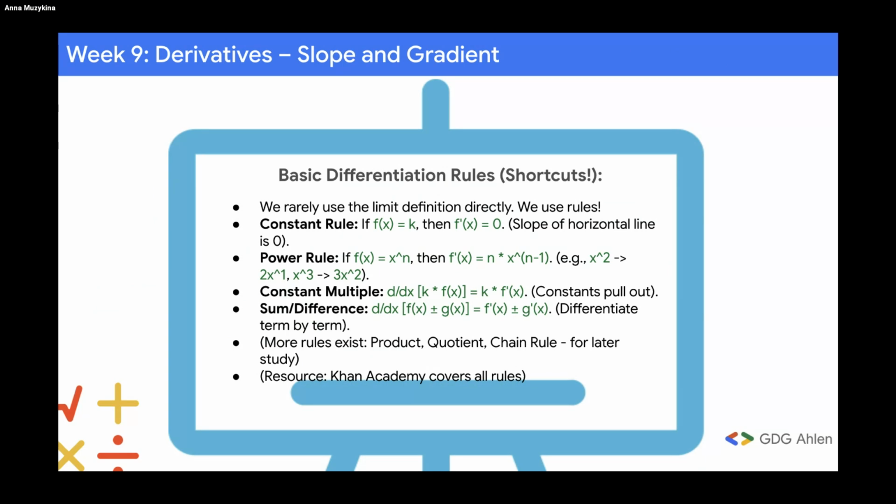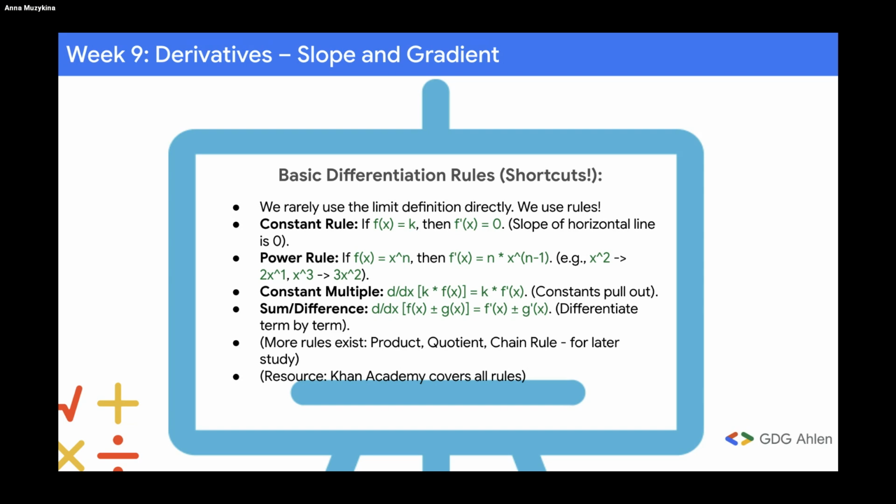Constant rule. The derivative of a constant function like f of x equals 5 is always 0. This makes sense as the graph y equals 5 is a horizontal line and its slope is 0 everywhere.